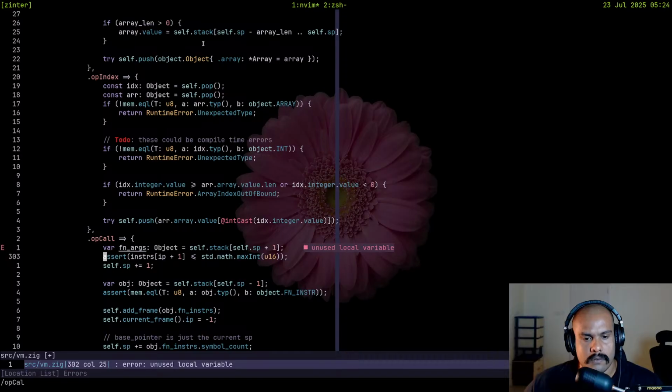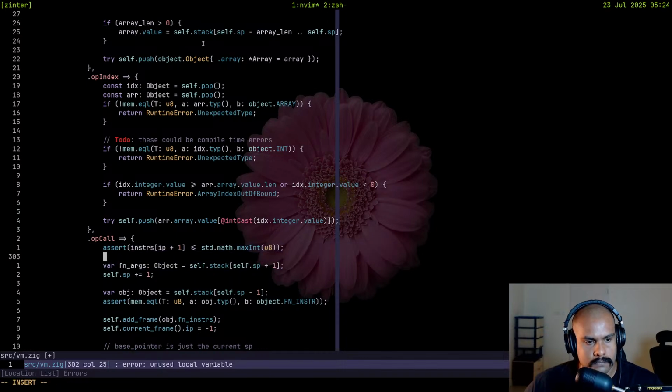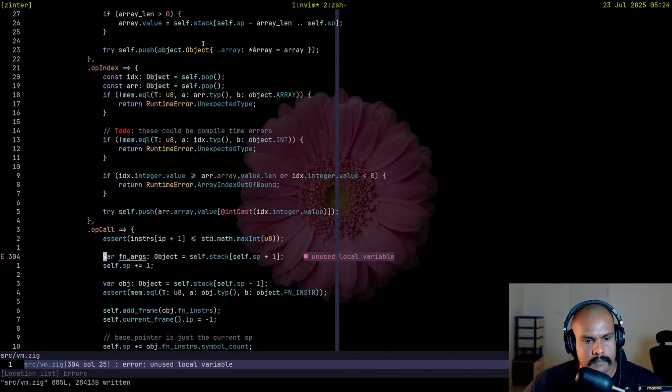Max int of u8. Should be instructions.E plus 1.